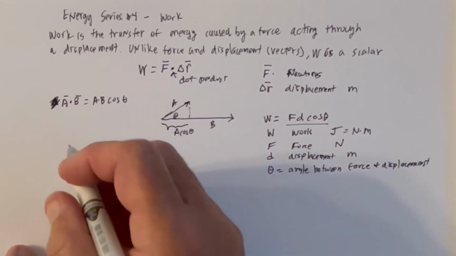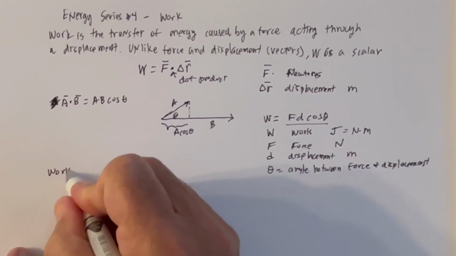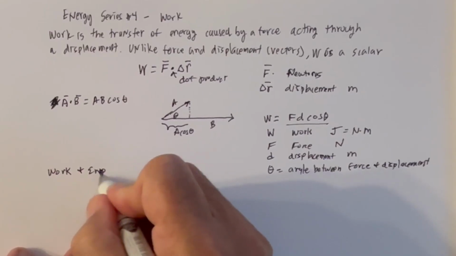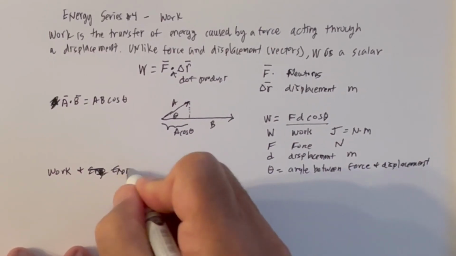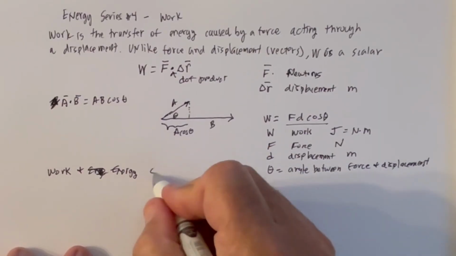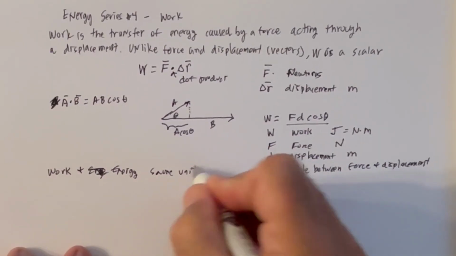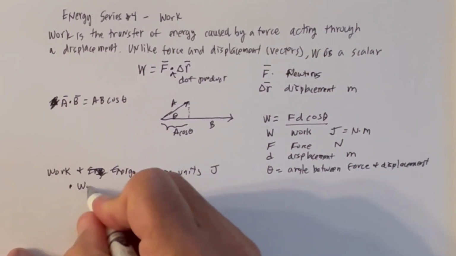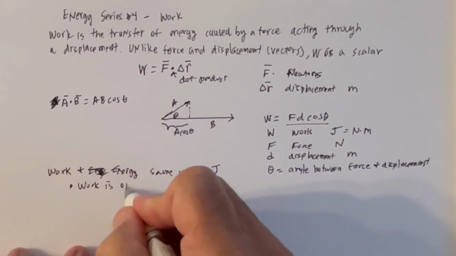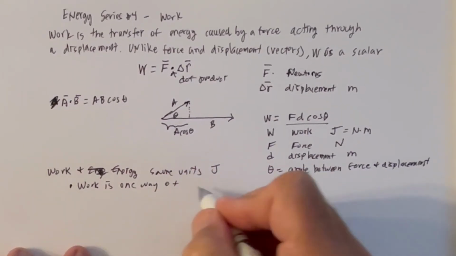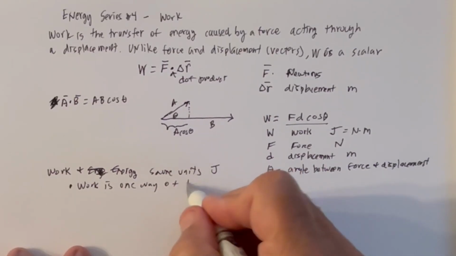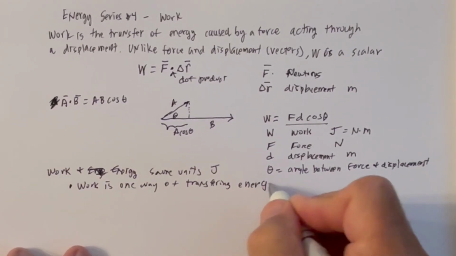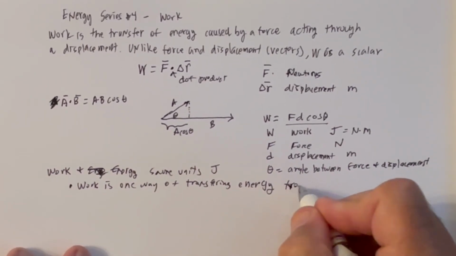So what you want to notice here is that work and energy, because we've talked about energy, work and energy have the same units. That would be in joules. The reason being here, work is one way of transferring energy from one system to another.